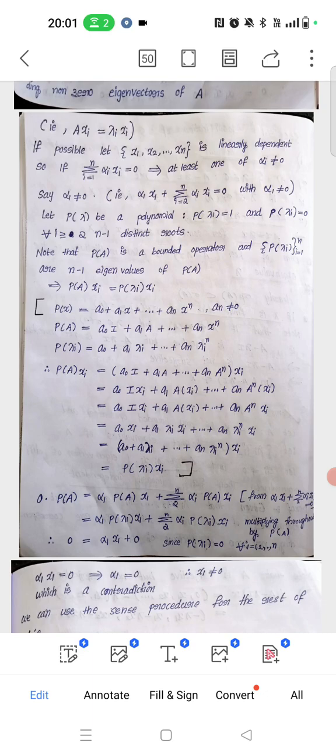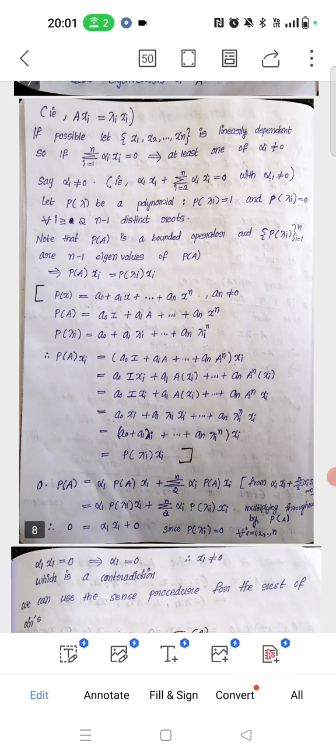That means the n minus 1 eigenvalues are roots of the polynomial p of x, where p of x is a0 plus a1 x plus etc. plus an x raised to n.